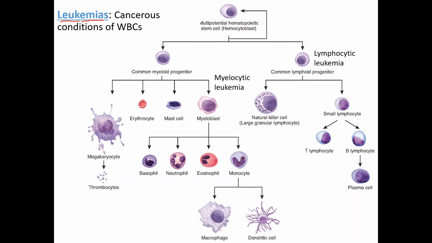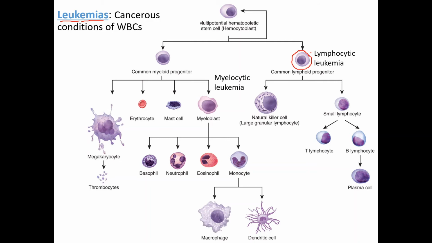We're not really going to get into the details of this, but I do want to point out that the classifications of leukemias can be tied back to this chart. So there can be lymphocytic leukemia that essentially indicates that there is a mutation in one of these lymphoid progenitor cells.